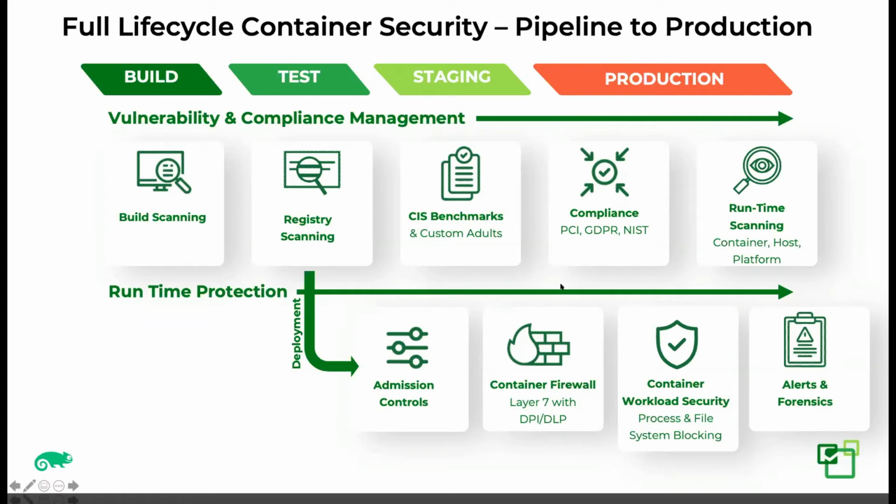So the link between that test or pipeline environment and the runtime environment really starts with admission controls. And Kevin touched a little bit on that, which is the ability to make sure only signed and trusted images are allowed to be deployed into the production environment. And we go a bit further to offer other criteria that can be used to set up rules to either allow deployments or to block deployments.